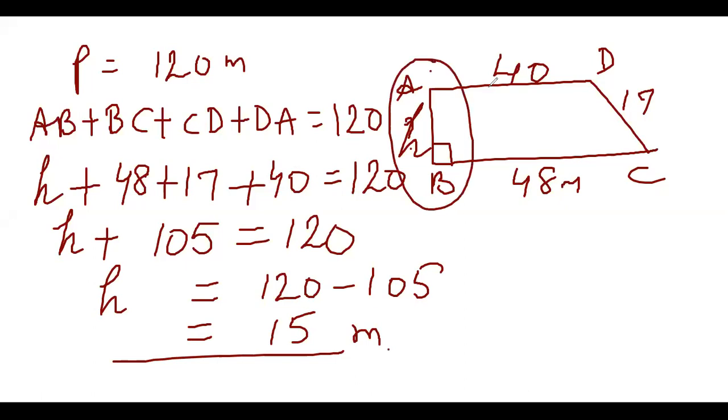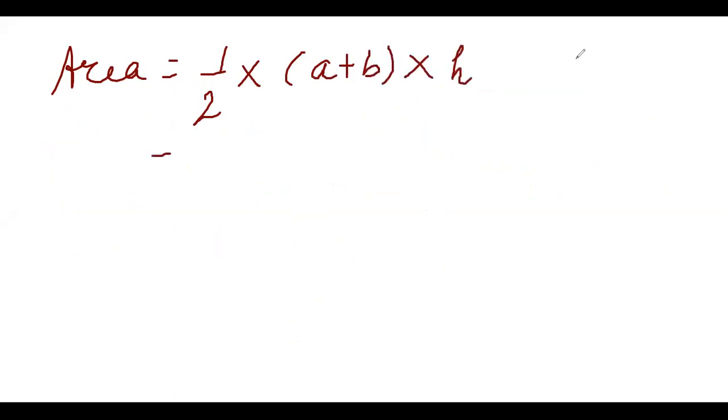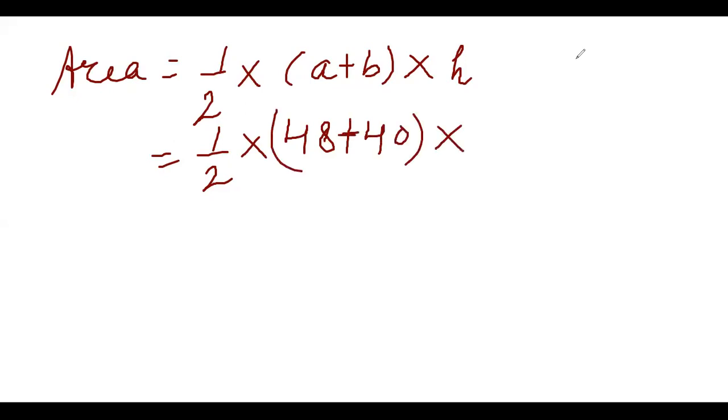Now we can find out area of trapezium. Let's find out area now. Area of trapezium is equal to half into sum of parallel sides into height. Half into, one parallel side is given 48, other parallel side is given 40. Height is given here, we have found here 15.